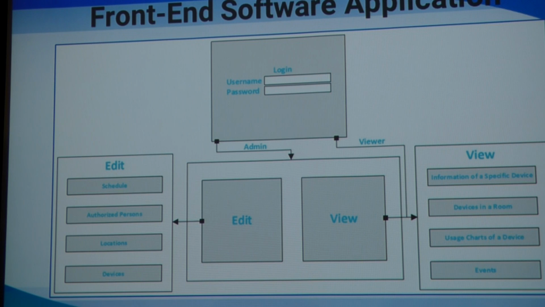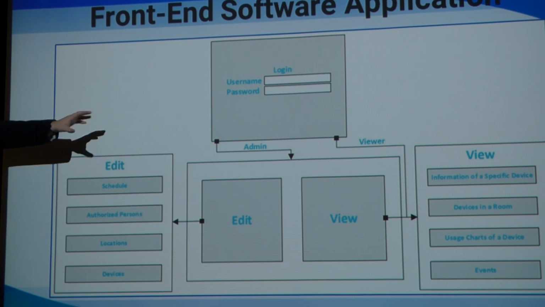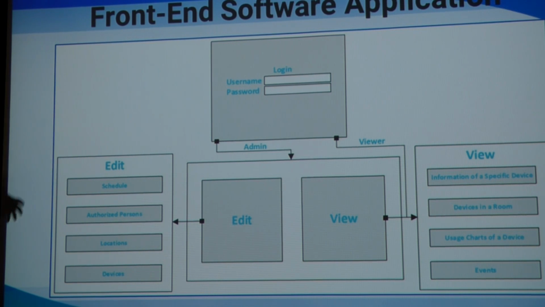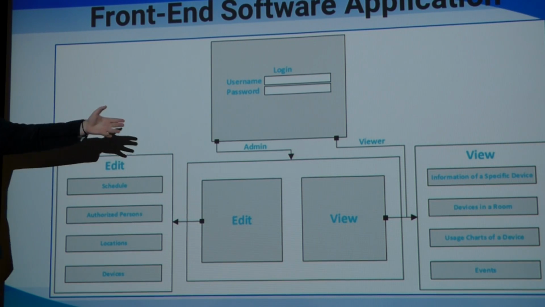So this is a diagram of the front-end software application that we will be implementing with our database and with our system. The user will start with a basic login page with username and password fields. Based on the input information from the user, the system will cross-reference with our authorized persons table in the database to determine whether that person is an administrator or a viewer.